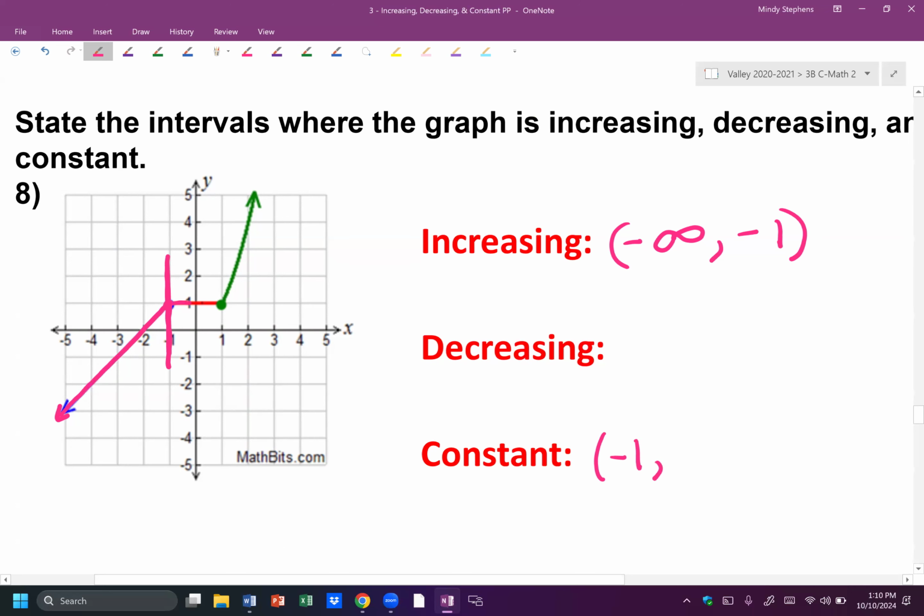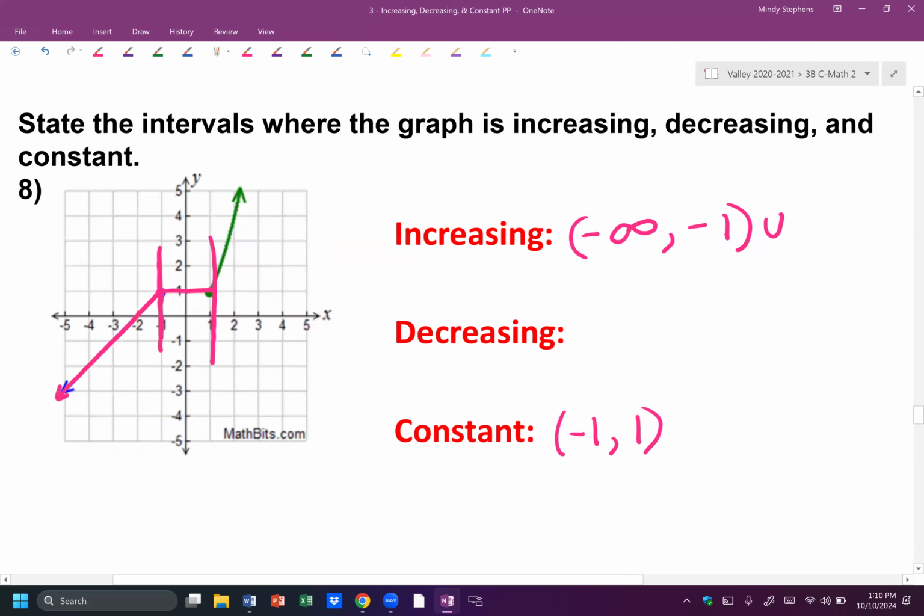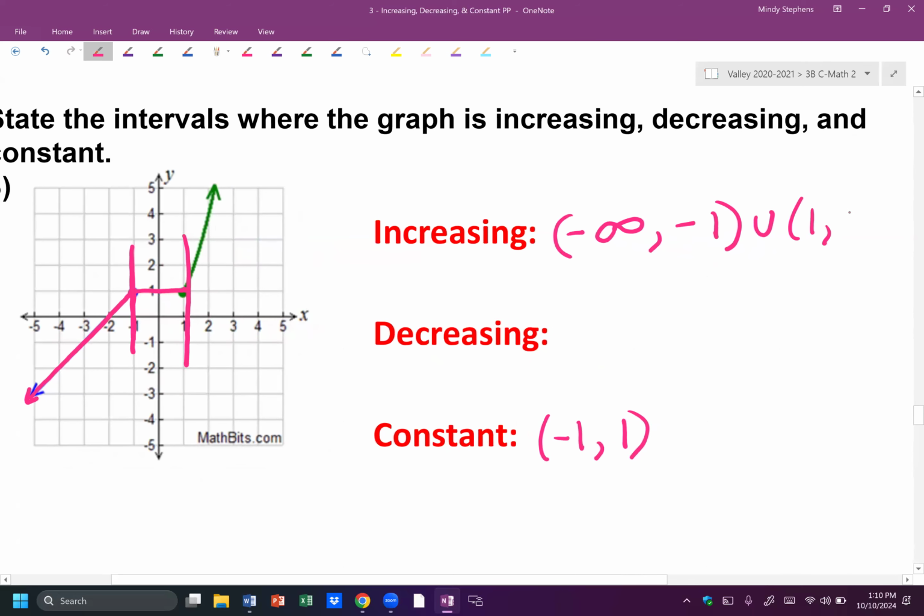And it goes flat until we get to this next line, which is +1, the next spot. Then it starts to increase again. Be careful, it's not decreasing, it's increasing again. So our increase is going to have a U shape, the union, and it increases starting at 1, and it increases forever and ever, so it goes to infinity. And it never is decreasing, so that's going to be none.